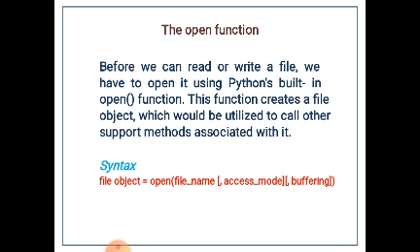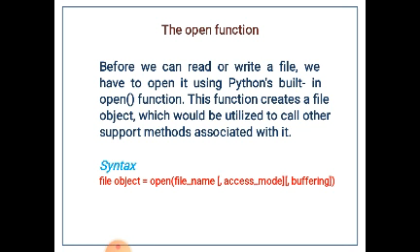The syntax of opening a file is displayed on the screen in red letters. File object is equal to open, and you have to give the file name and the access mode. That means what are you doing after opening the file? Are you going to read it or are you going to write into the file?